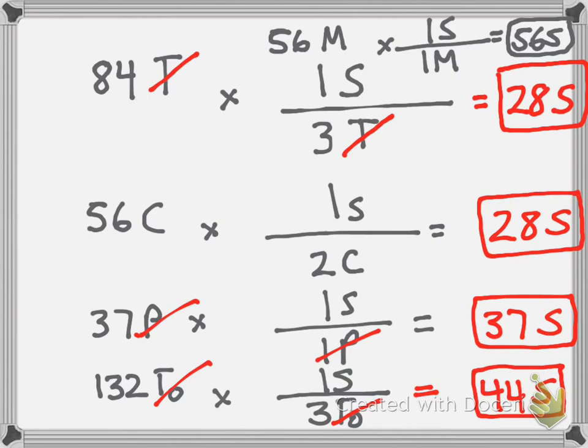Now, how many sandwiches can I make? I hope that you realize that the ingredient that allows us to make the fewest number of sandwiches will limit how many sandwiches we can make. That ingredient is called the limiting ingredient. And in chemistry language, that's called the limiting reactant.